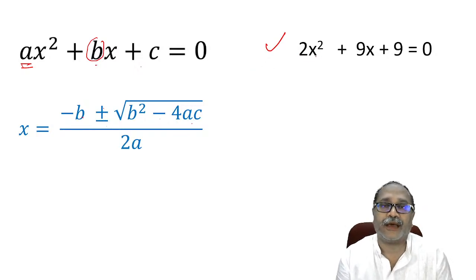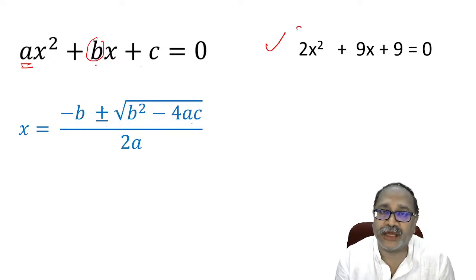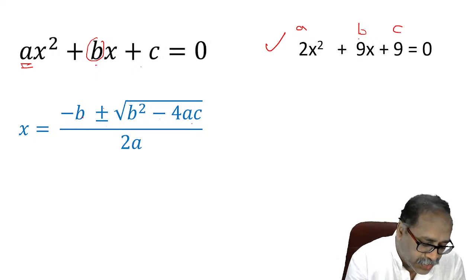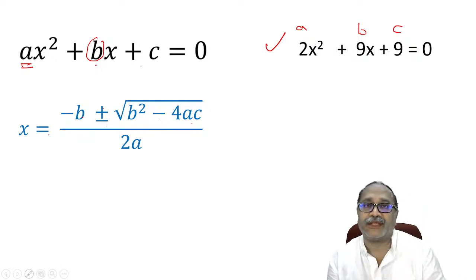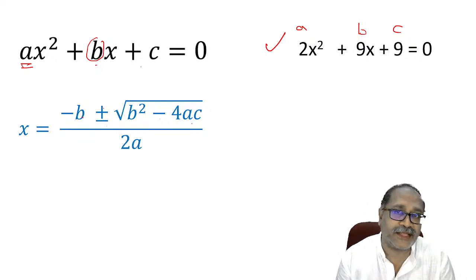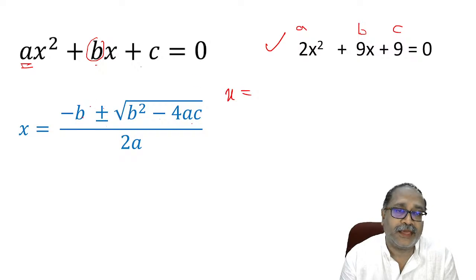That's 2x square plus 9x plus 9. So here what is a? a is 2, this is b, and this is c. Can I request anyone, Gaurav, Anandita, or Yukta madam, can you please answer this question by using the formula, and then I will tell you how we actually approach it in the exam. So here I need to find out x, and x is equal to minus b.